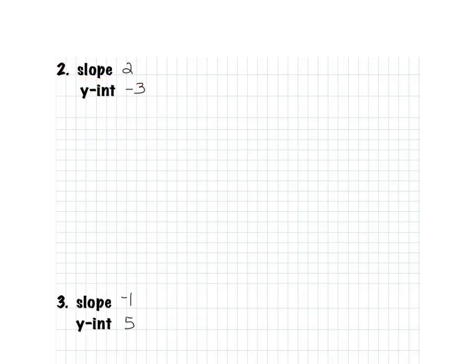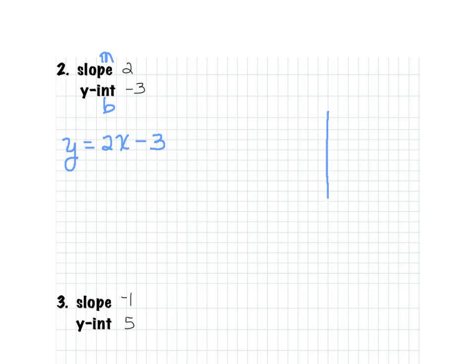Number 2. Your slope is 2, your y-intercept is -3. Okay, so let's remember slope is m and y-intercept is b. And let's write this equation. Y equals 2x minus 3. Okay, so I know that my y-intercept is at -3.